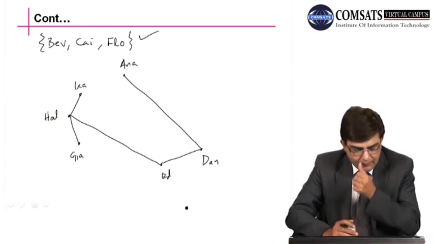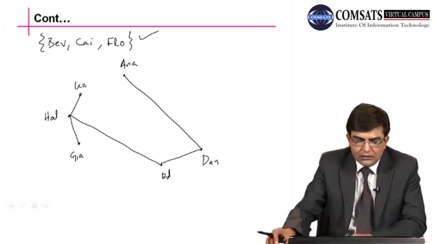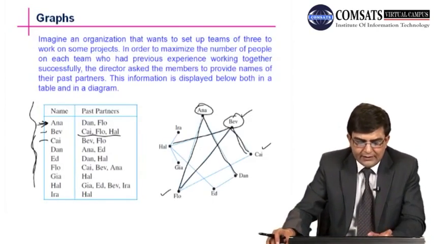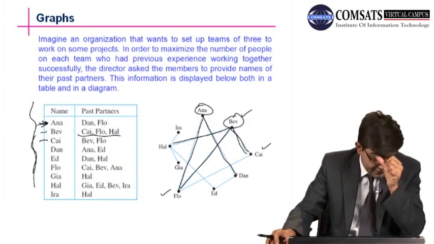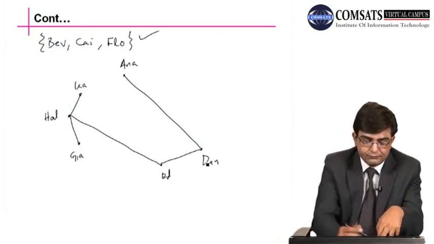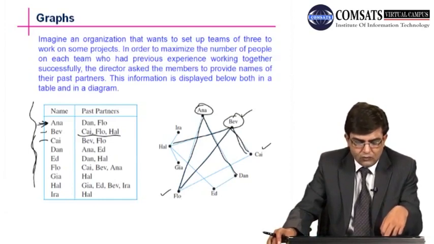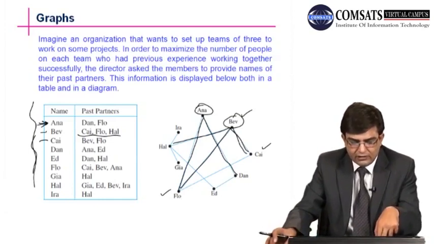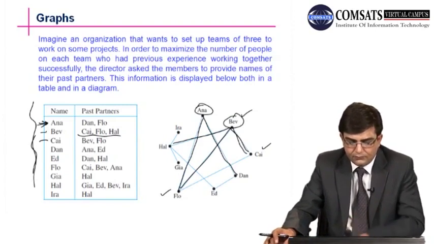Now for the other team, because Bev has worked with Sia and Flu, if we set up a team of Hal with Ira and Gia, then Hal has worked with Gia and Ira both.